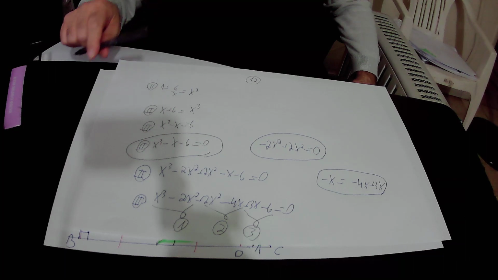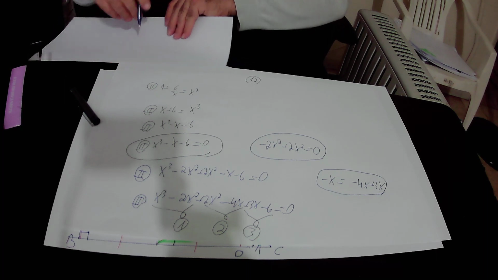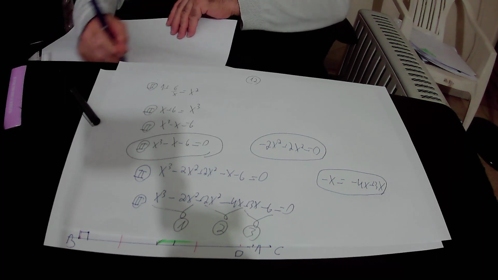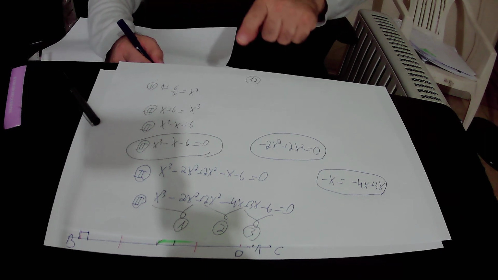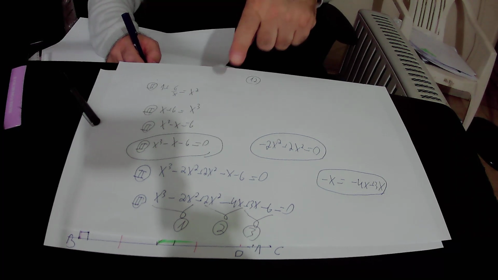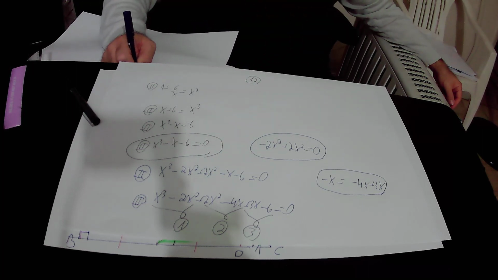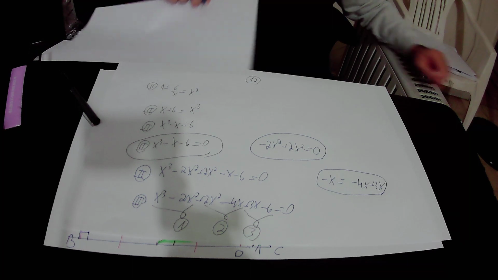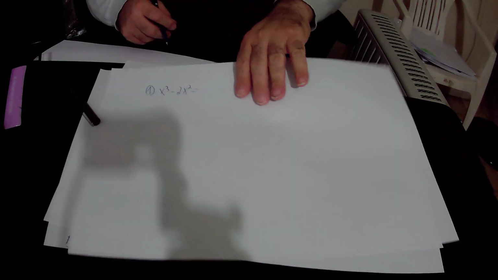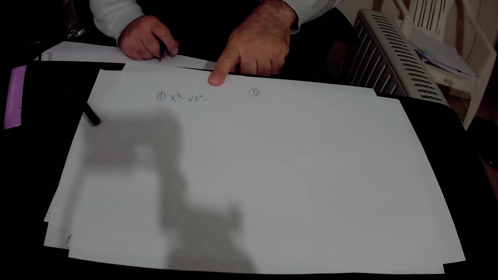Okay, so part number 1 is actually x cubed minus 2x squared here. So we will take a common factor from x cubed minus 2x squared. The common factor that we will take out is x cubed.